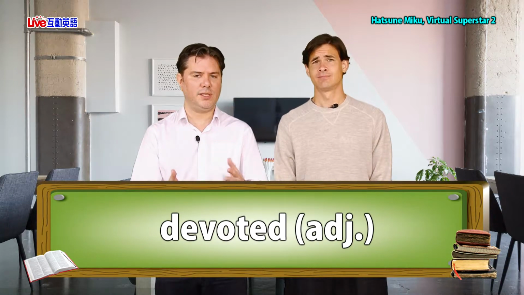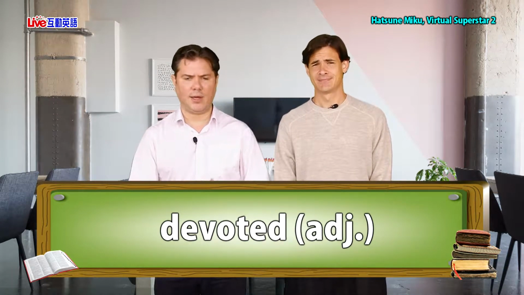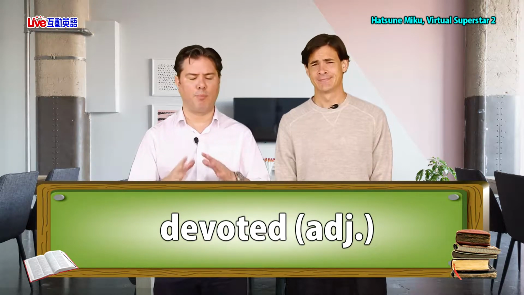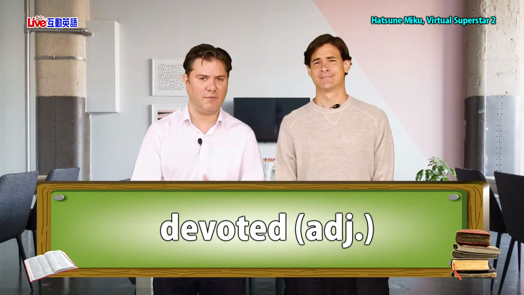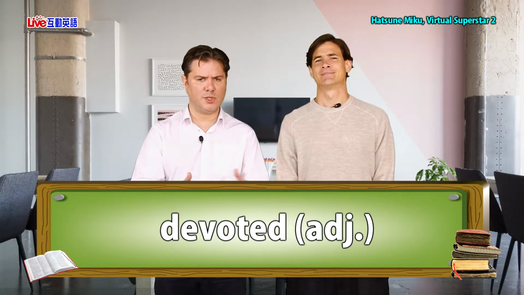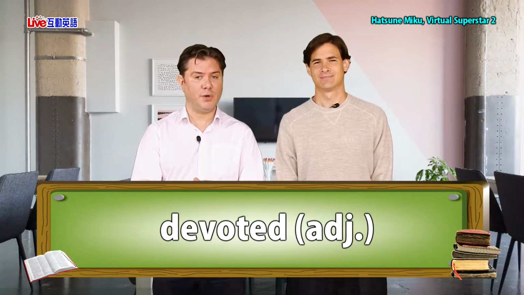If you're devoted, this adjective means you're loyal to someone. You love them a lot, they're important to you, and nothing will break or damage your relationship. We often talk about friends, family, lovers being devoted, also maybe a dog, right? Dogs are often very devoted to their owners.